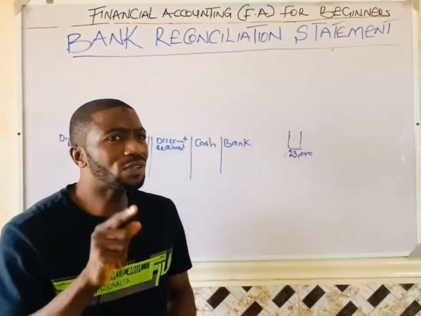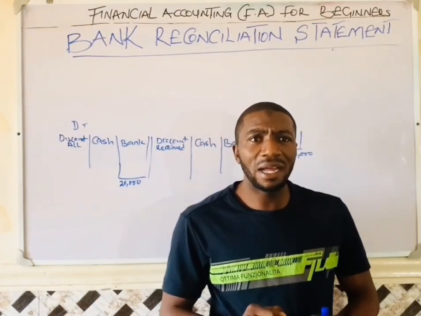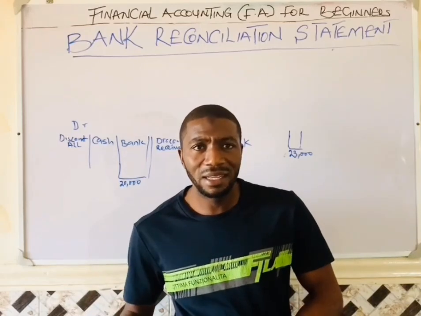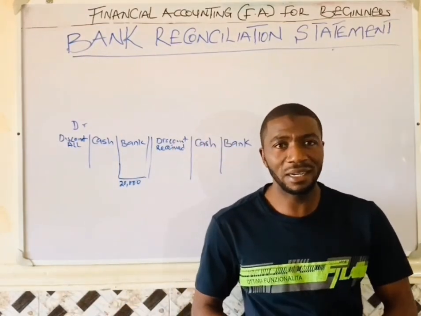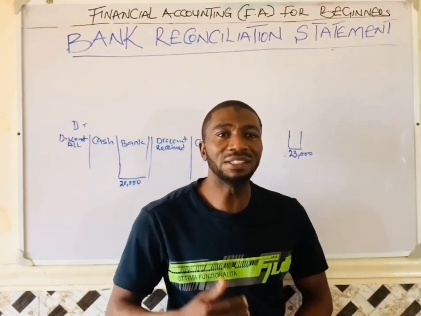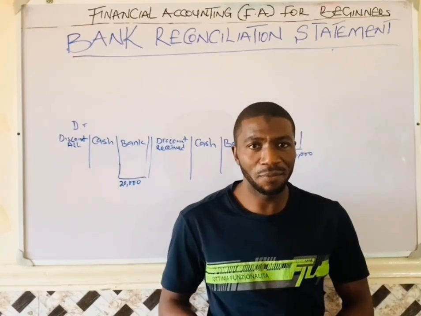So for us to reconcile and come to an agreement between the bank column of our cash book and the account that we have in the bank, we must know the reason for the discrepancy. We must know the reason for the disagreement.